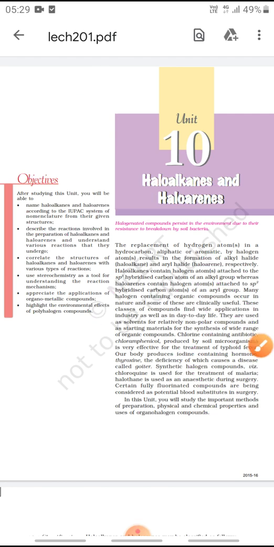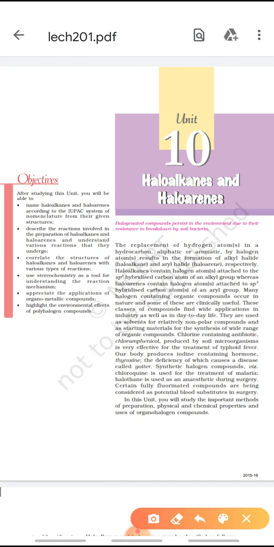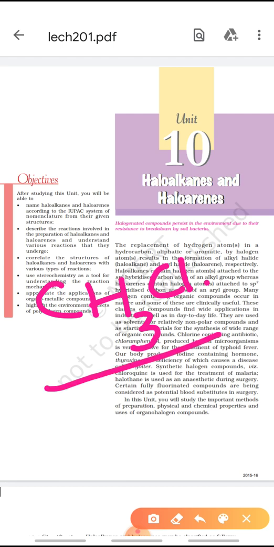An example of a haloalkane is CH3Cl. Now children, you have to remember whenever we are writing the name of such a compound, we have to write down the name of the halogen first, and after that we have to write down the alkane.